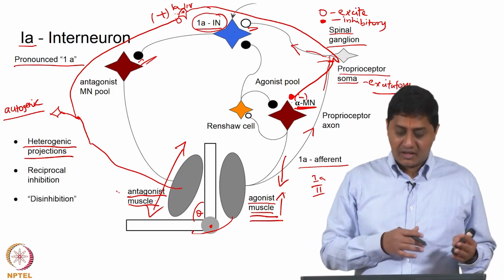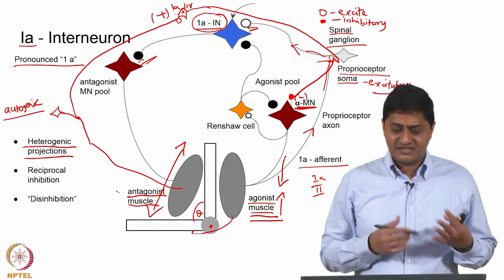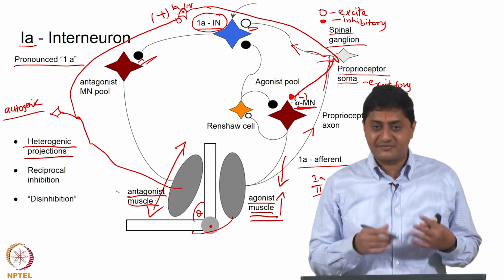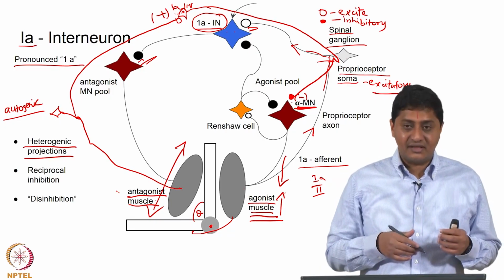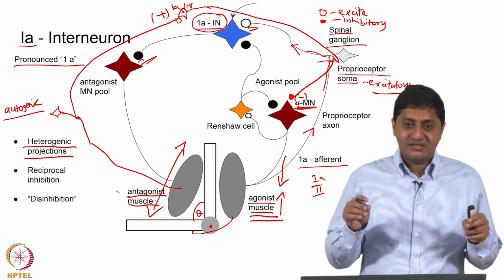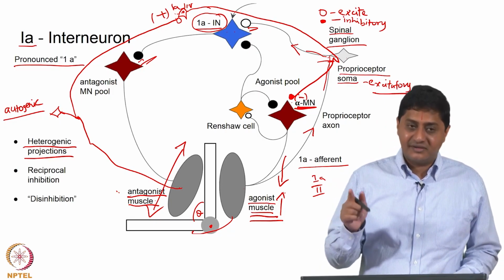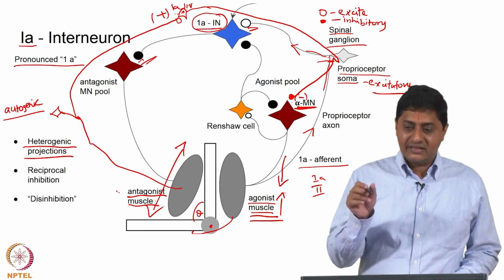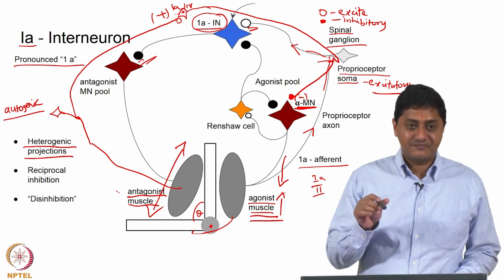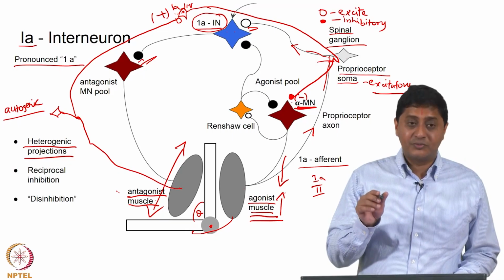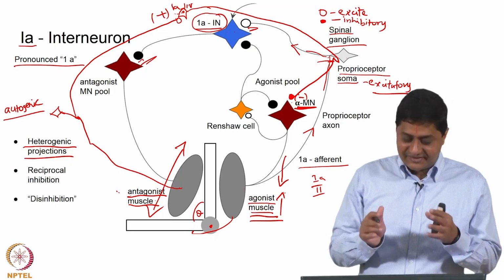the antagonist. Or more simply, because this terminology is a little confusing, we can use biceps and triceps. If biceps is contracting, then triceps will get stretched, then triceps will inhibit the motor neuronal pool that innervates biceps, because it is that motor neuronal pool that is causing this contraction. So I want to minimize that.